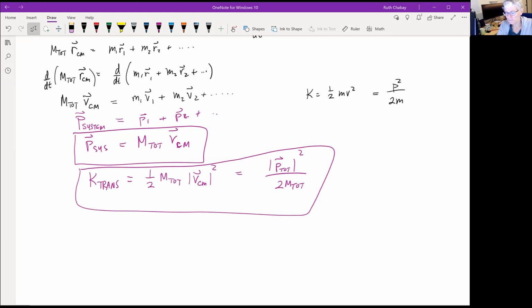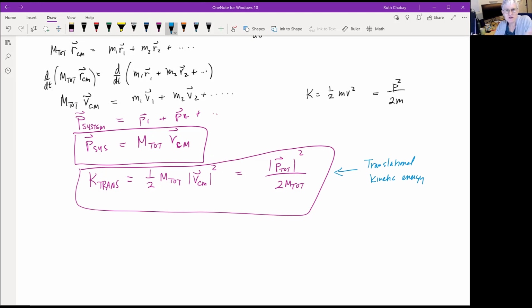So what we can calculate with this half mv squared, which we did at the beginning of class for the Frisbee, is translational kinetic energy. It's associated with motion of the center of mass.